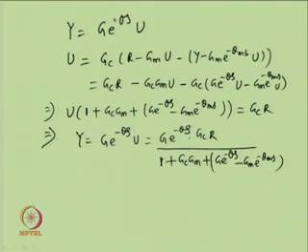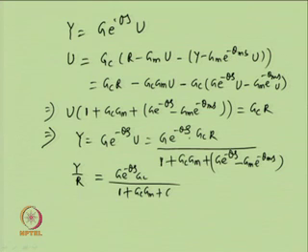So, we get the transfer function with respect to the reference input as G e^(-θs) G_C upon 1 + G_C G_m + G e^(-θs) - G_m e^(-θ_m s), as we have seen earlier.